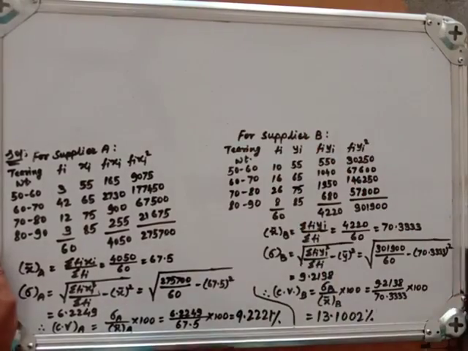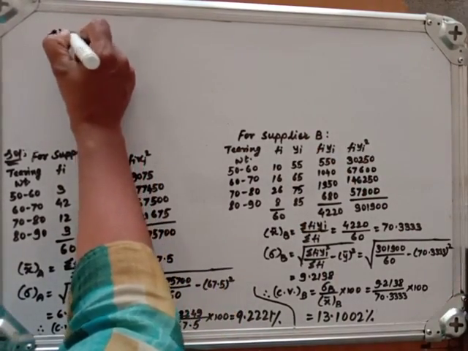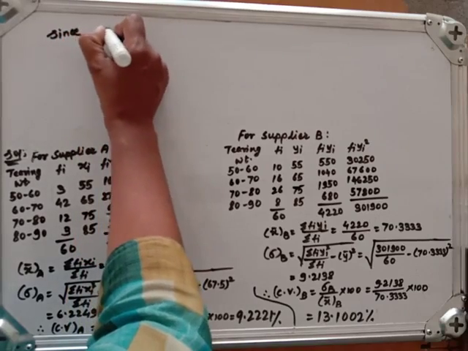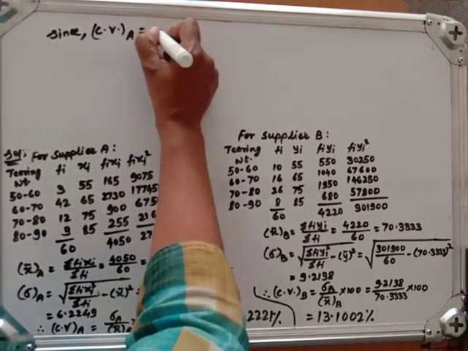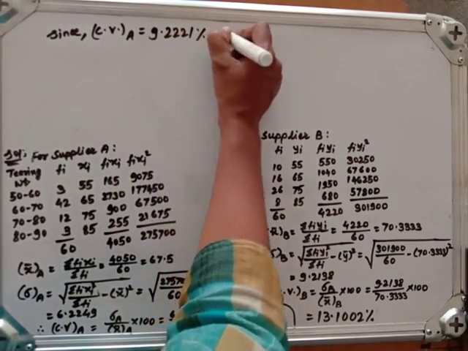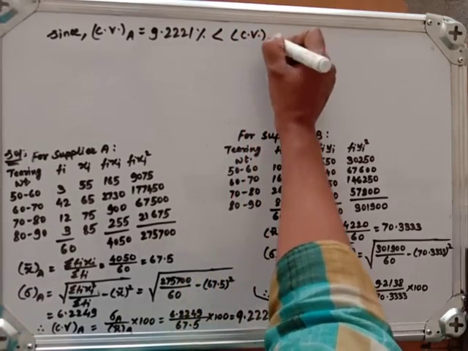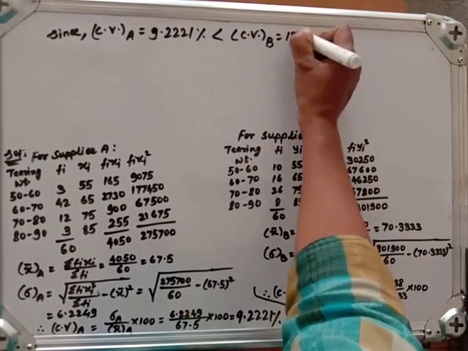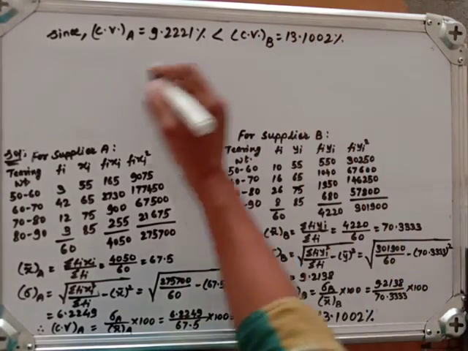Since CV for A, that is 9.2221%, is less than CV for B, that is 13.1002%.